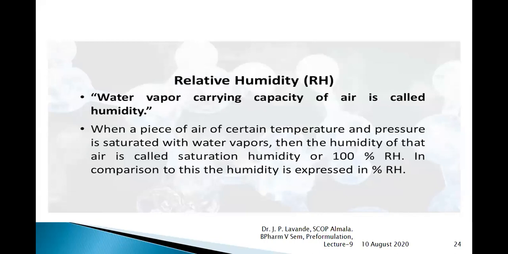When a piece of air of certain temperature and pressure is saturated with water vapors, then the humidity of that air is called saturation humidity, or the 100% humidity. So in order to get 100% humidity, what we need to do? A piece of air of certain temperature and pressure should be saturated with the water vapor.